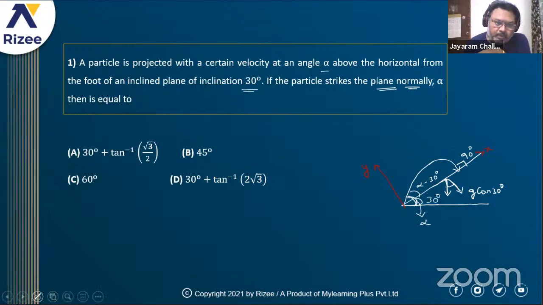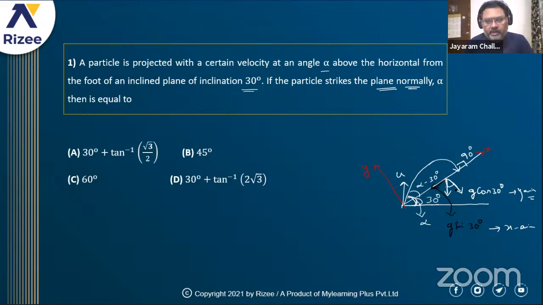Another component acts along the plane, and this is g sine 30 degrees. So these are your two components, one acting along the x-axis and the other along the y-axis. Unlike in a normal projectile where the acceleration along the x-axis is zero, here it won't be the case, and you are projecting with a certain velocity u.